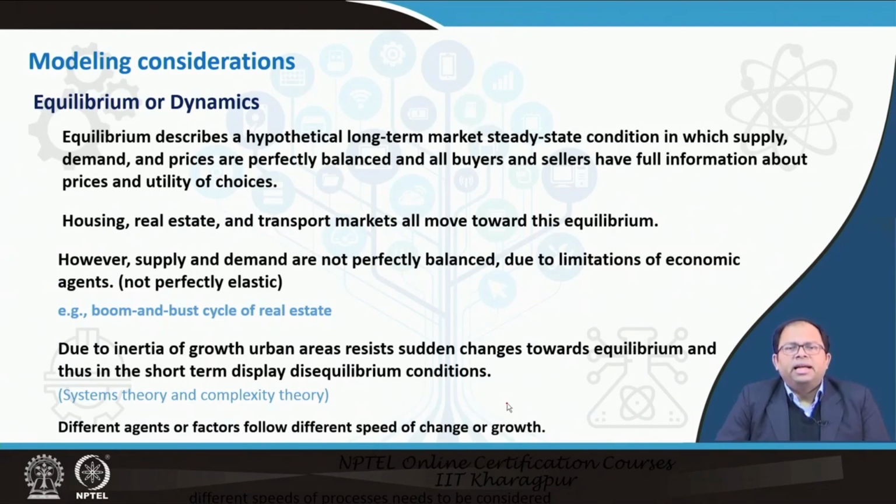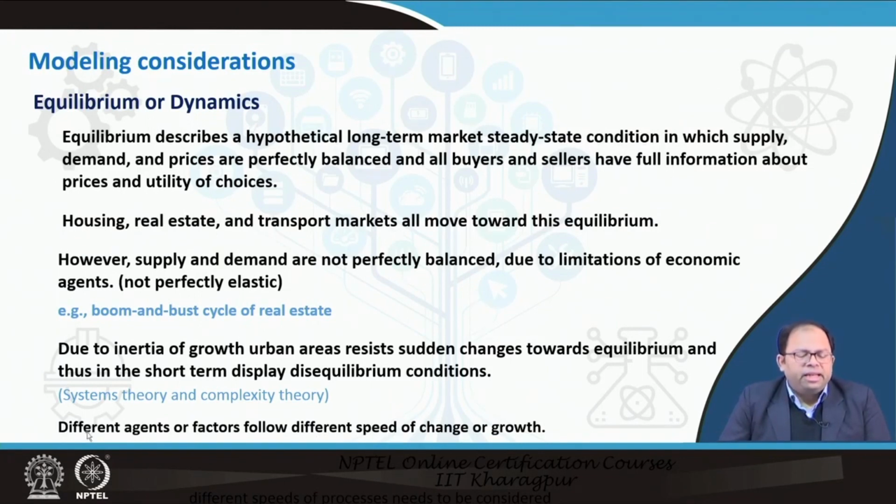Suddenly we cannot say that the entire urban area is in equilibrium. That is not possible. So, disequilibrium conditions always exist. We have to think of this in the urban modeling process as well, because if we think about equilibrium, the predictions may be true for a long period, but in the short period they may be wrong.